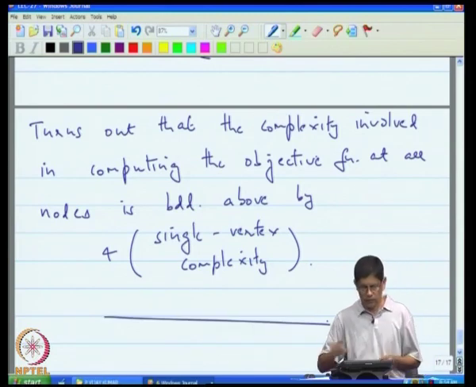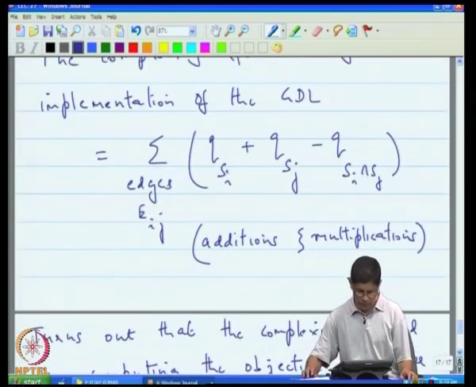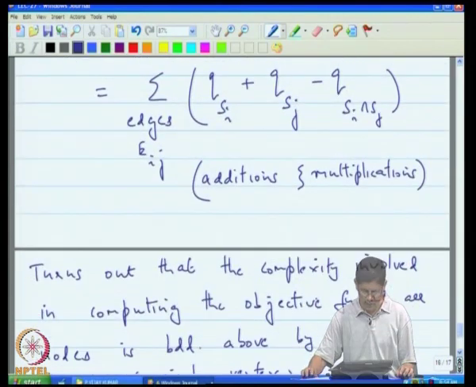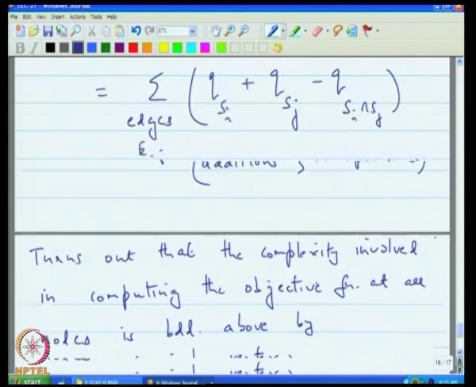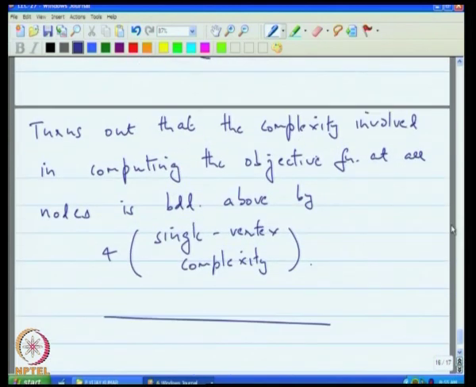Okay. So it gives you a reasonable handle on how many operations are required to implement the GDL. Again, for the proof you can consult the paper. I think it will take us more time than we really have to go through the proof.